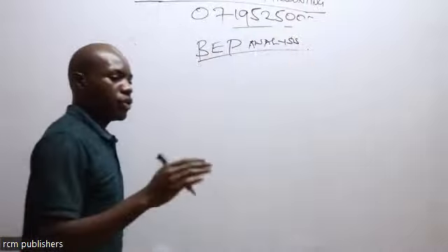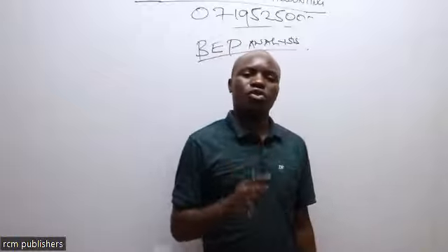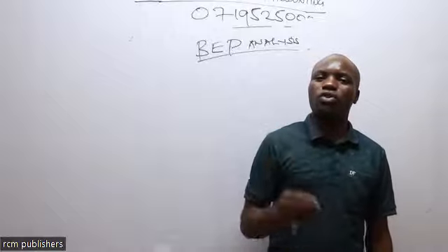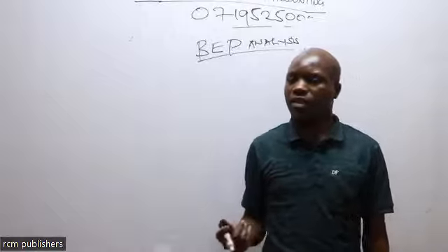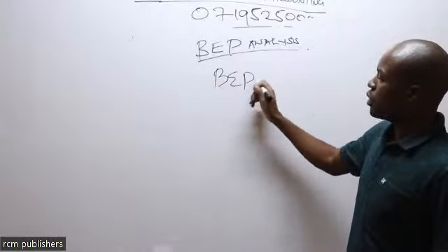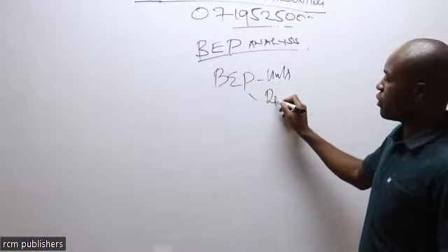Here, we are going to look at how many units we need to produce for us not to make a loss, for us not to make a profit. How much do we have in terms of revenue? That is, the break-even point will be in terms of units, and in terms of revenue.